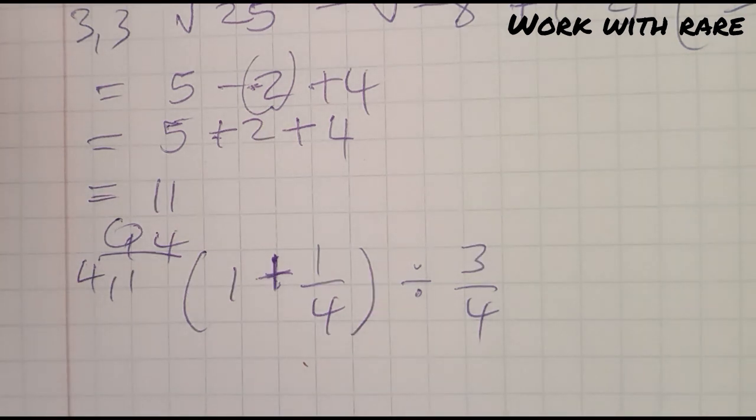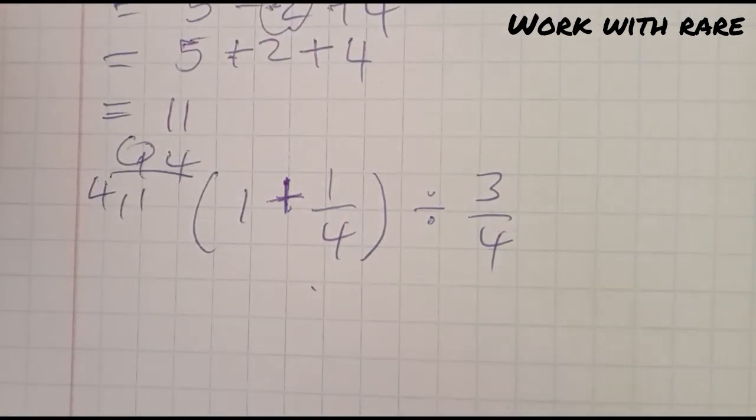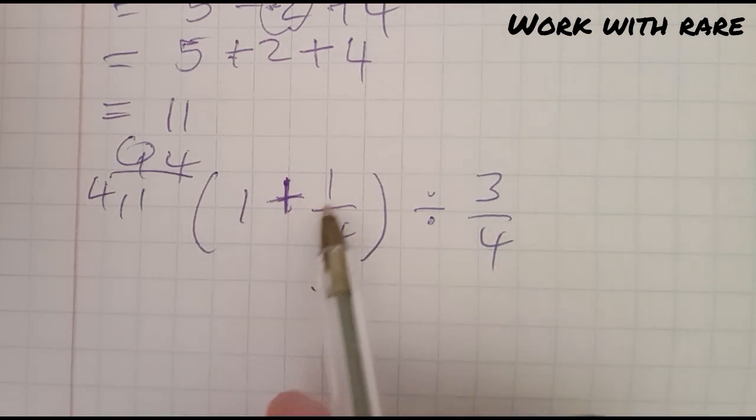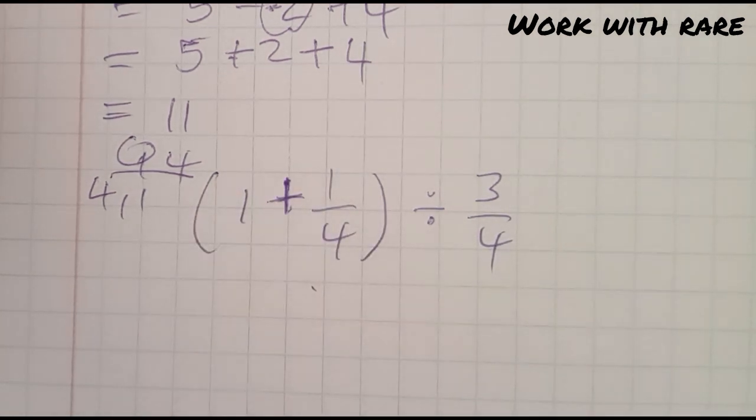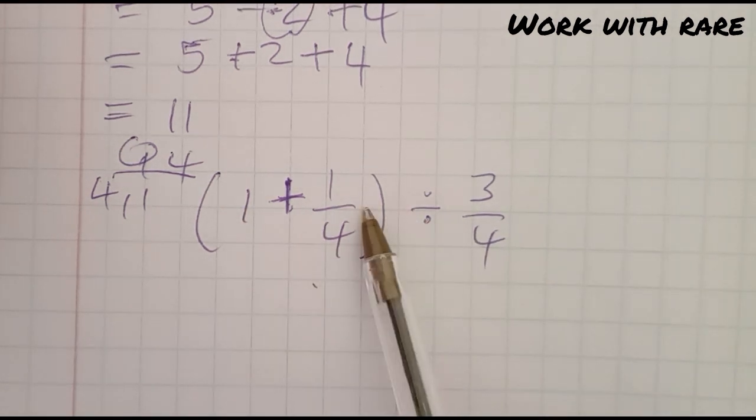When we get this type of question, we have to break what's inside the bracket. Remember, LCD is lowest common denominator. But when it comes to addition, we can say, this side I'll multiply by 4, this side I'll multiply by 1.